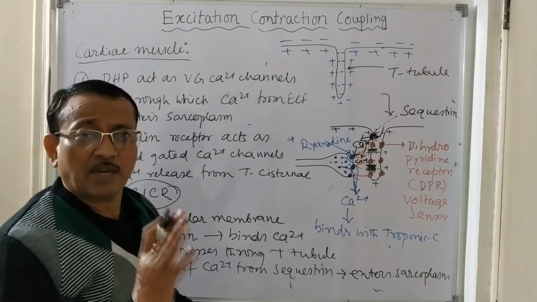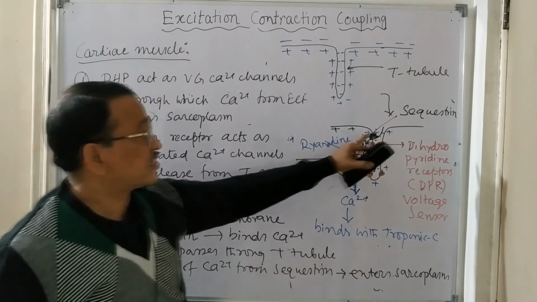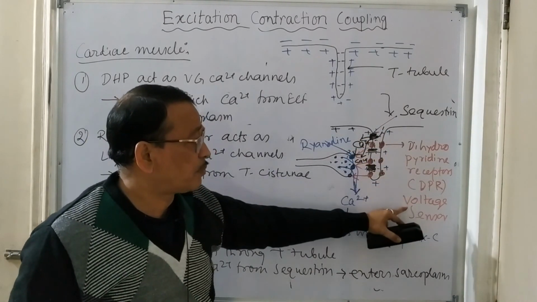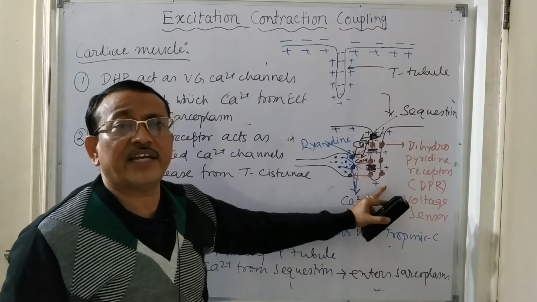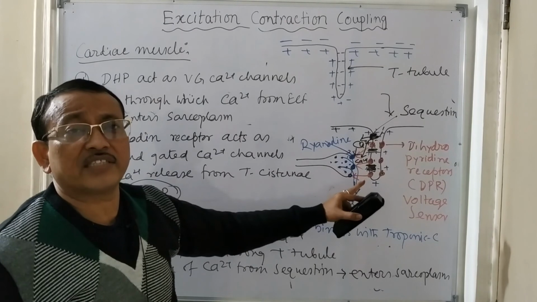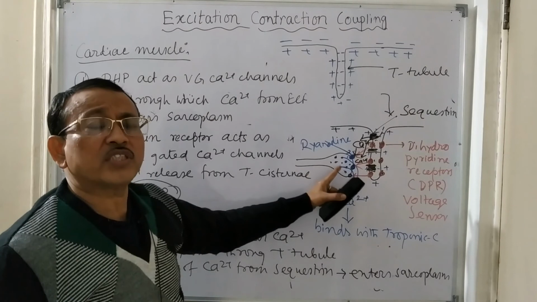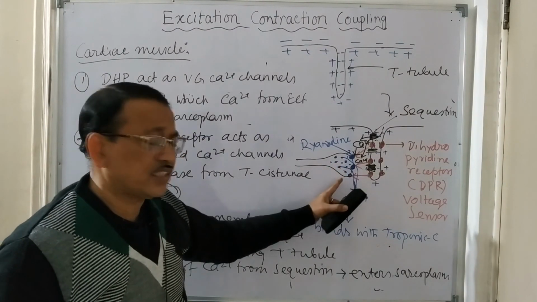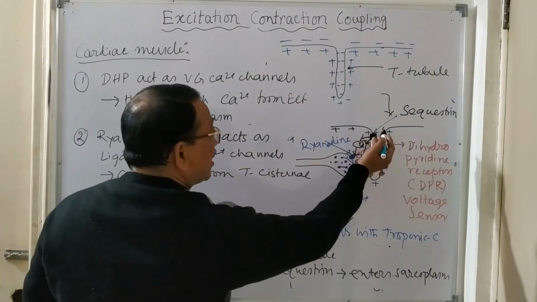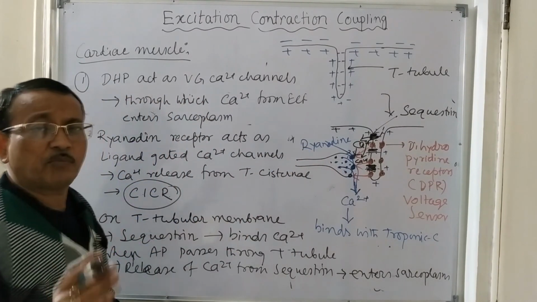Plenty of calcium ions, so there are triple sources. The first one is the extracellular fluid via the dihydropyridine receptor, or voltage gated calcium channels, L type calcium channels. The second one is the calcium induced calcium release from the terminal cisternae, and the third one is the calcium released from sequestrin proteins.